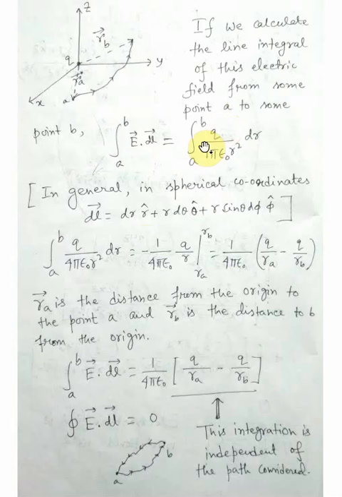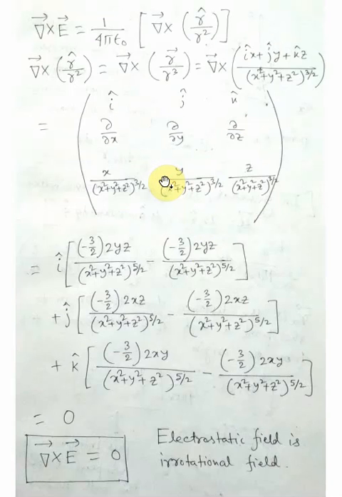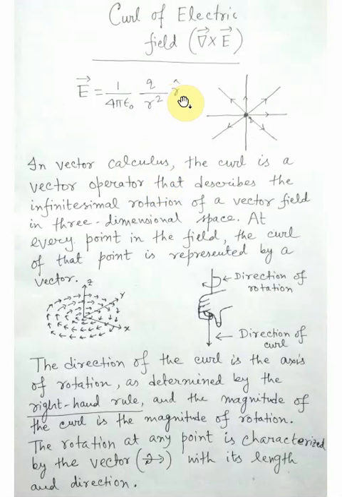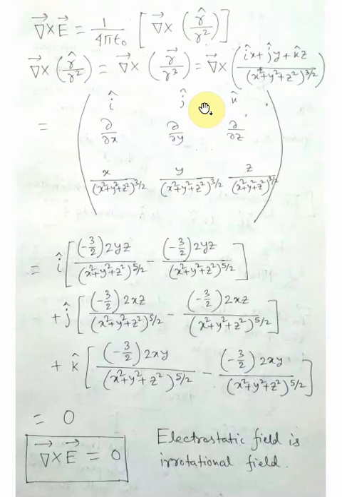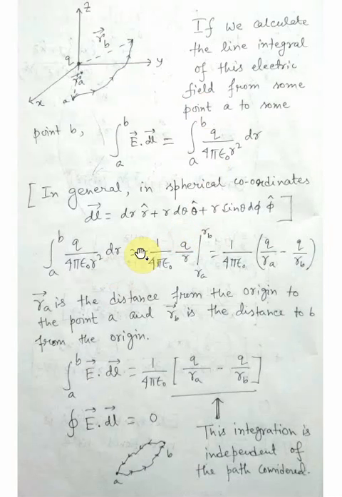So if we do theta cap dot r cap, it will give us 0, because E has the expression with r cap. So r cap dot r cap will survive only, and r cap dot theta cap is 0, r cap dot phi cap is also 0. That's why only the first term remains, q by 4 pi epsilon naught r square dr.